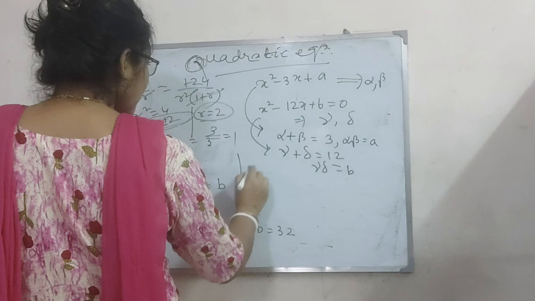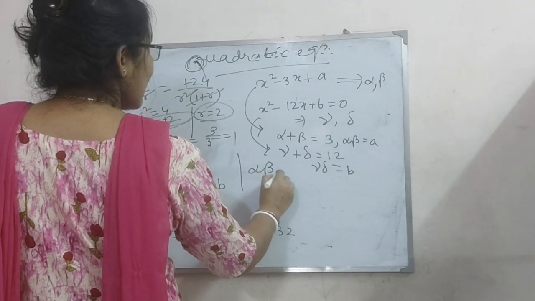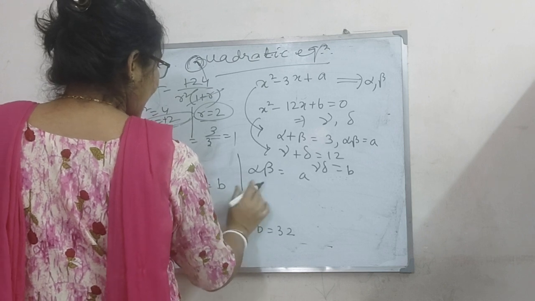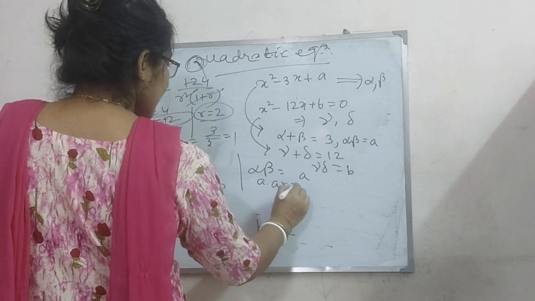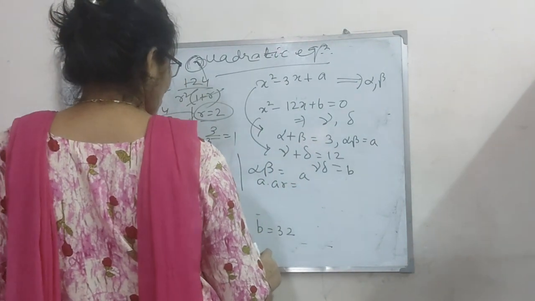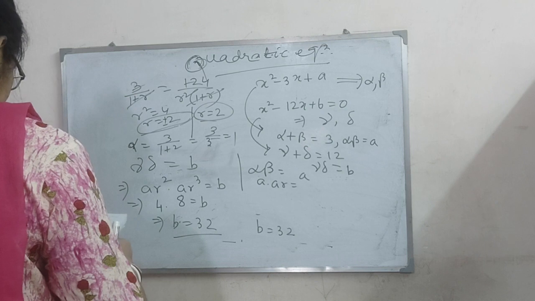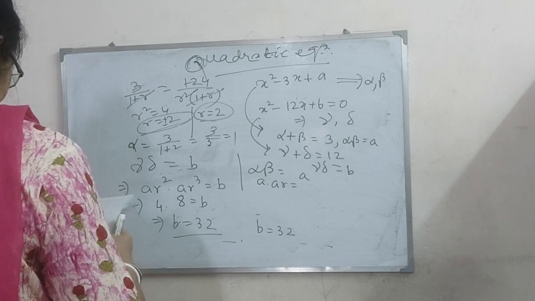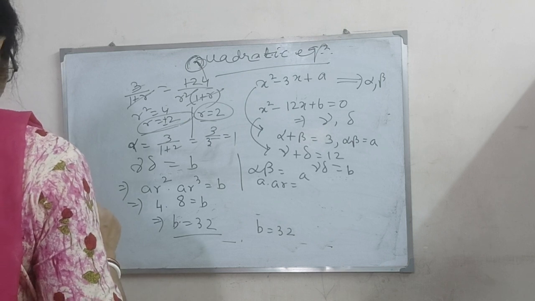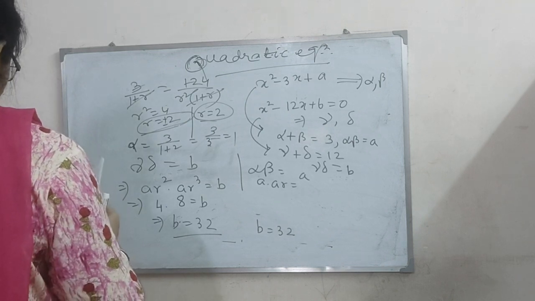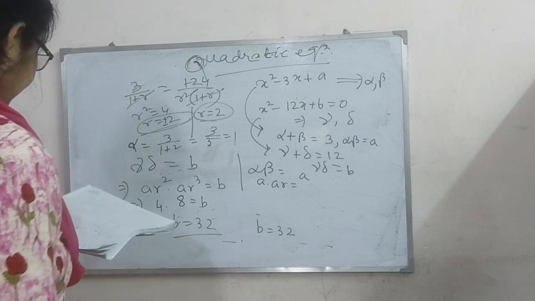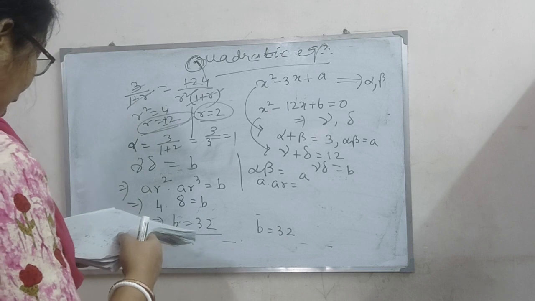We have alpha beta equal to a, where alpha is alpha and beta is alpha r. So a equal to alpha times alpha r.